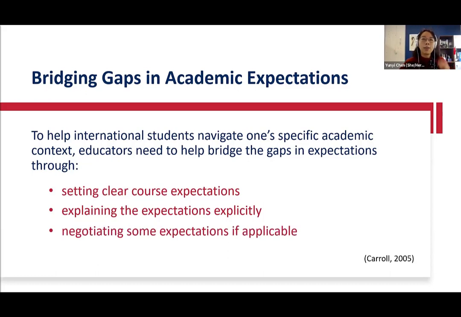And also another important point is to try to negotiate some of the expectations, if applicable, as a means to empower our students by sharing some leadership with them at a level that you feel comfortable with as the instructor. For example, I learned from my colleague who used something called a life happens ticket.